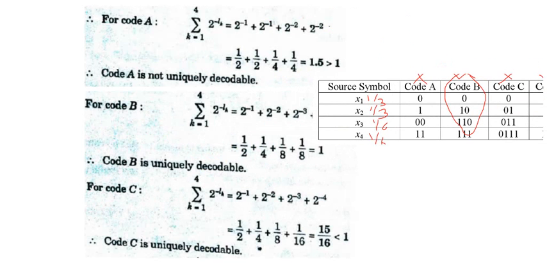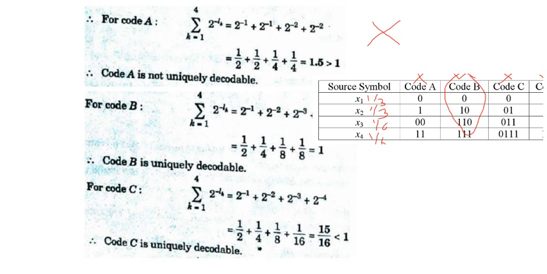So 2 power of minus 1 plus 2 power of minus 1, 2 power of minus 2, 2 power of minus 2. If I sum all this, I will get the total value as 1.5, that is greater than 1. So undoubtedly it is not satisfying the instantaneous code or prefix condition. It is not an instantaneous code.